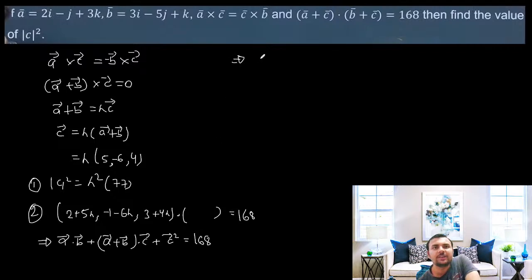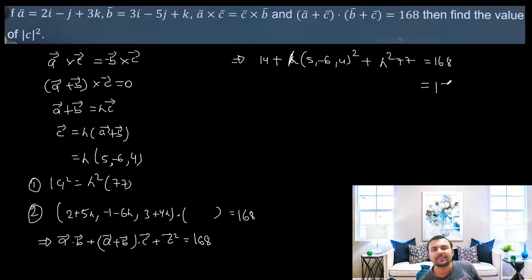Further going, A dot B is nothing but 6 plus 5, 11, 11 plus 3, 14, plus A plus B whole square. C vector is lambda times A plus B, which is 5, minus 6, 4. So lambda times A plus B whole square is lambda square 77, which is 168.